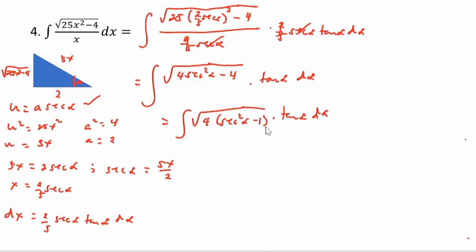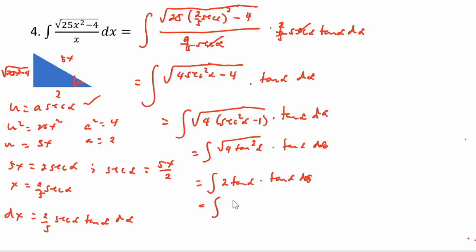Secant squared alpha minus 1 means tangent squared alpha. Okay, we can write now the integral of the square root of 4 tangent squared alpha times tangent alpha d alpha. So we have now the square root of 4 tangent squared alpha will give us now the integral of 2 tangent alpha times tangent alpha d alpha.